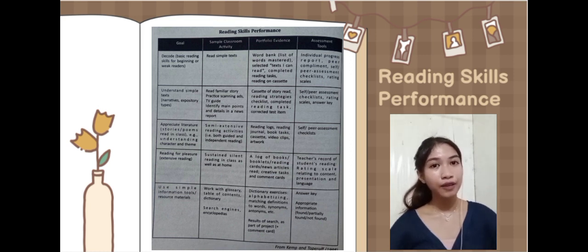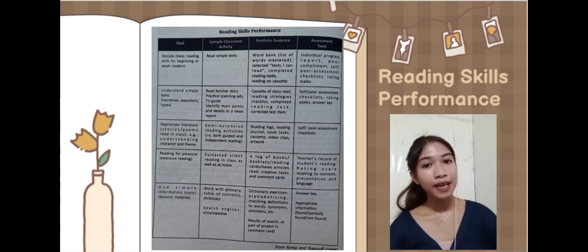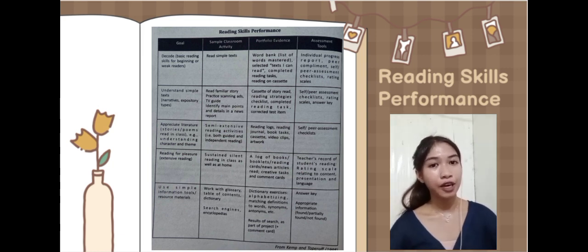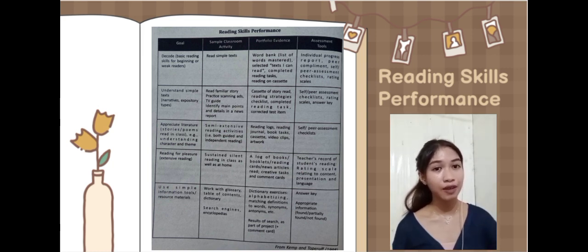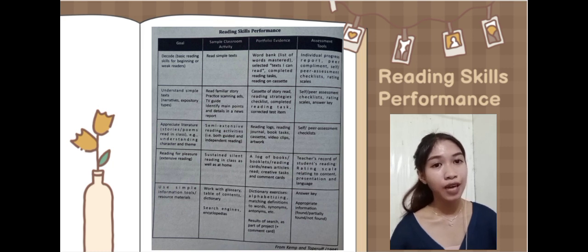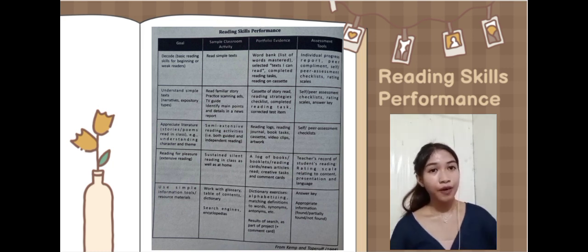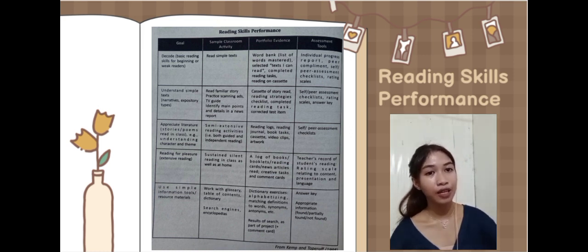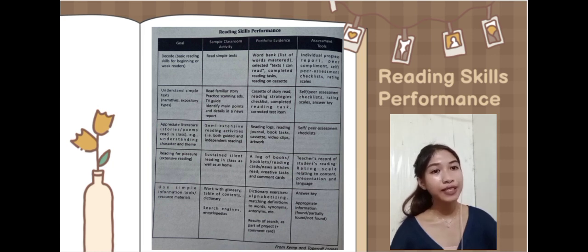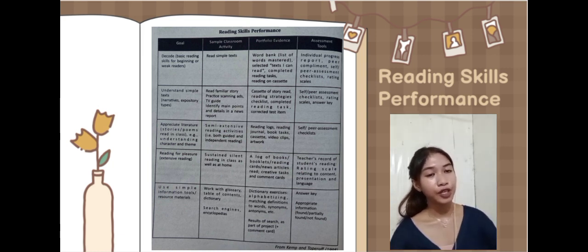And the next one, if your goal is to appreciate literature, for example, stories and poems read in class, understanding characters and theme, your sample classroom activity will be semi-extensive reading activities, both guided and independent reading. Our portfolio evidence is the reading logs, reading journal, book titles, cassette, video clips and artworks. For our assessment tools, we assess them through self or peer assessment checklist.